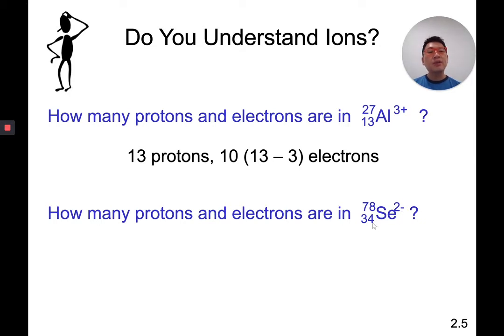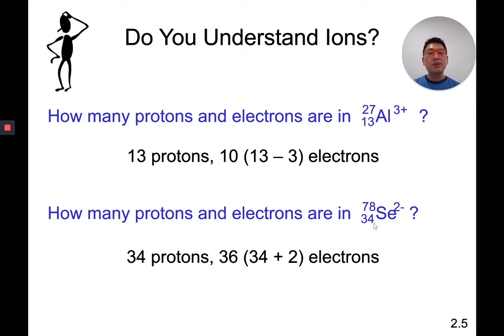If there are 34 protons and 2 more electrons than protons, we'll have a total of 34 plus 2, or 36 electrons. If the question asks how many neutrons, subtract 78 minus 34, which is 44 neutrons. They didn't ask. I'm just asking separately.